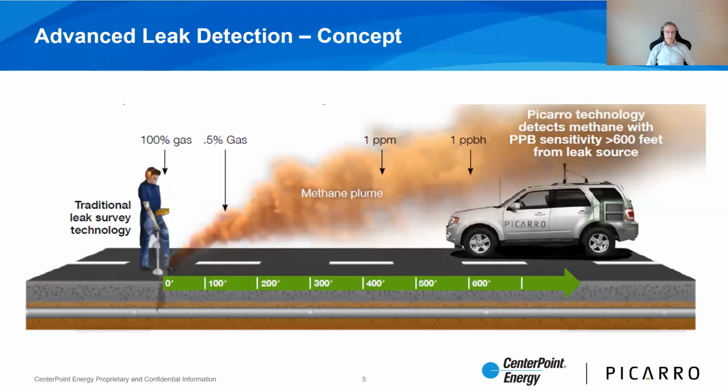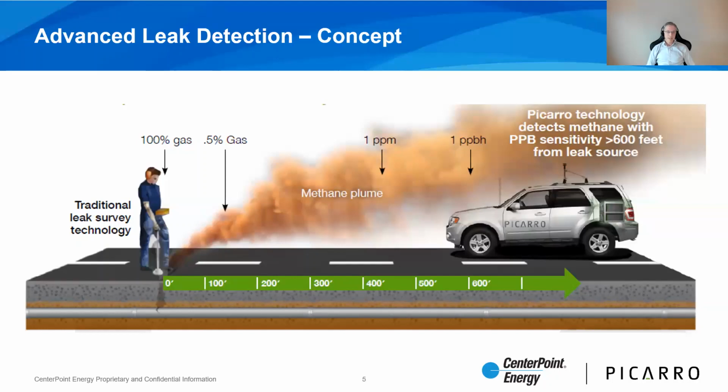They can be hard to find. And in a typical environment, these methane plumes tend to expand and dilute relatively quickly. If you see on this graph, a typical methane plume might be at 100% or single-digit percent over a few meters, or a few tens of feet.